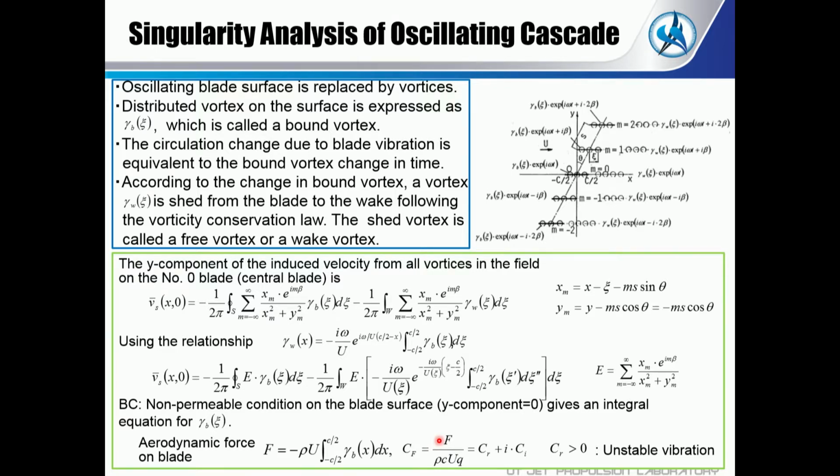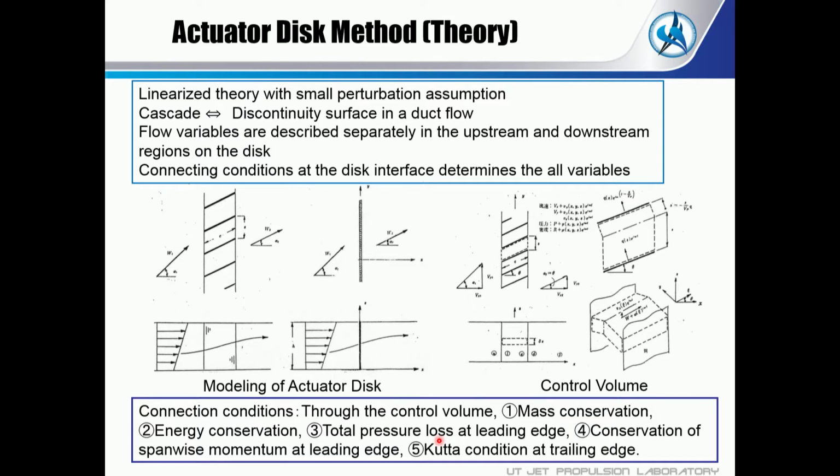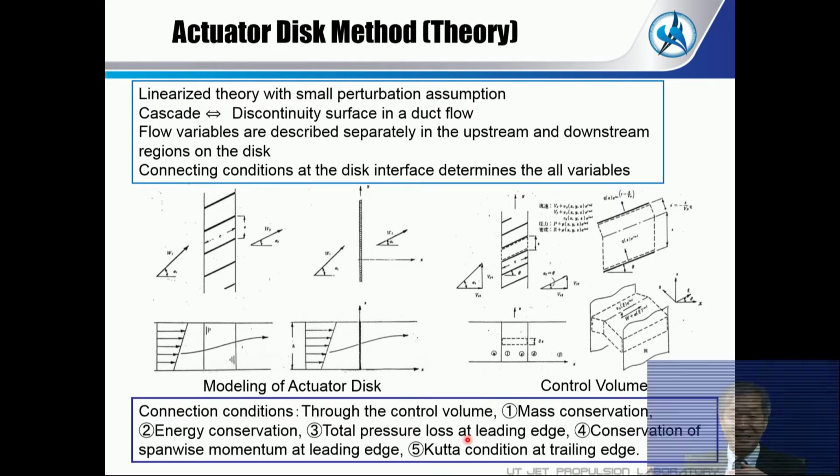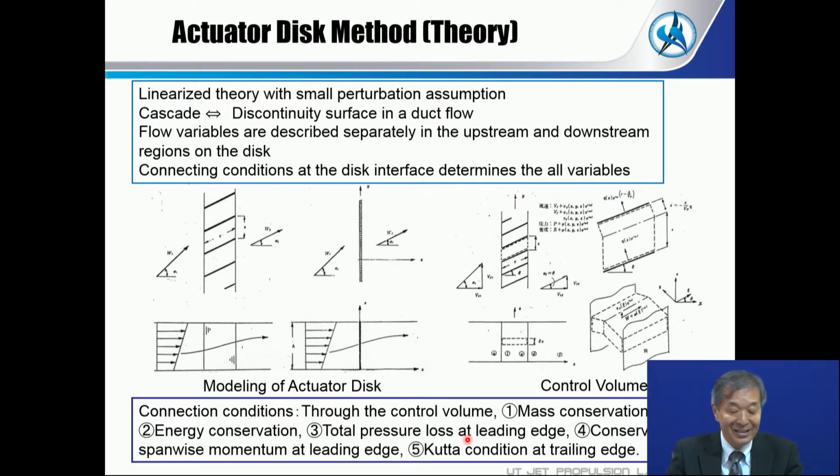But this actuator disk method is also a theoretical method with potential flow analysis, and we can use semi-empirical parameters here. So we can expand the region of applicability to the stall case by this method. So both have good points and bad points, and we can select between them. Or, for myself, I use both for analysis.